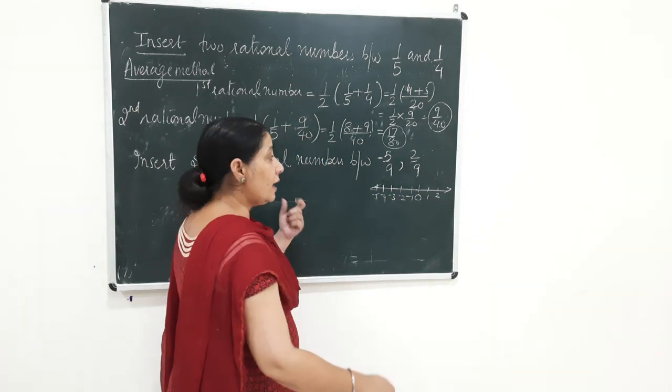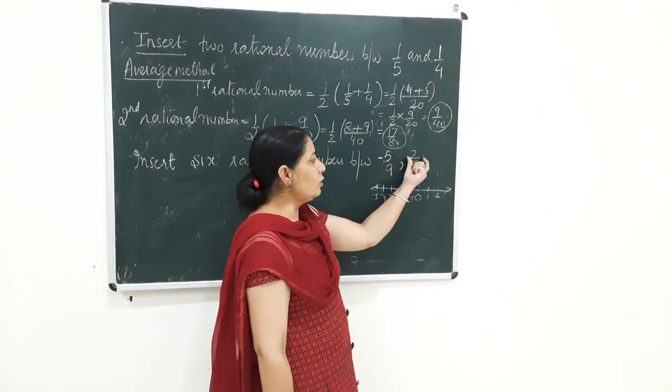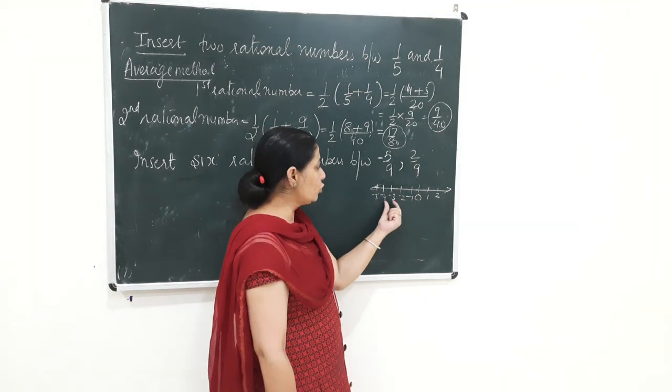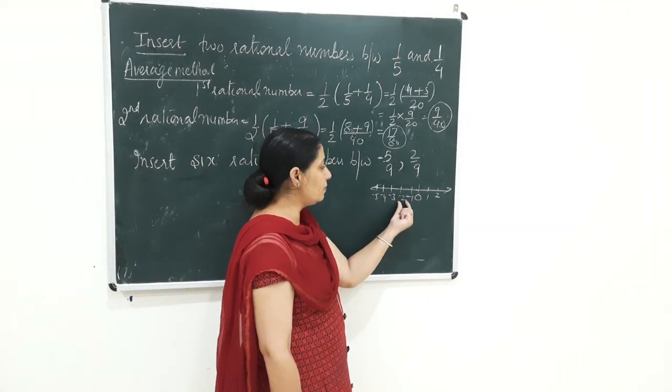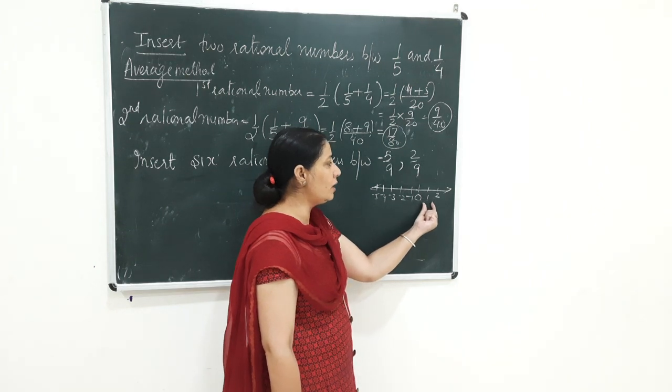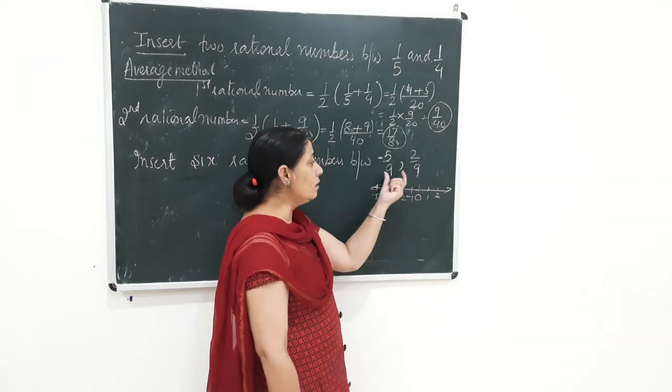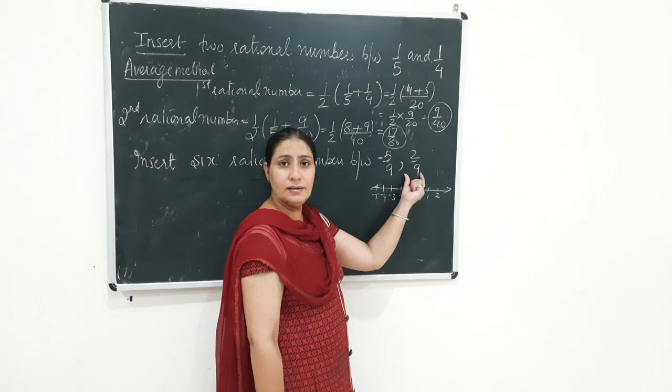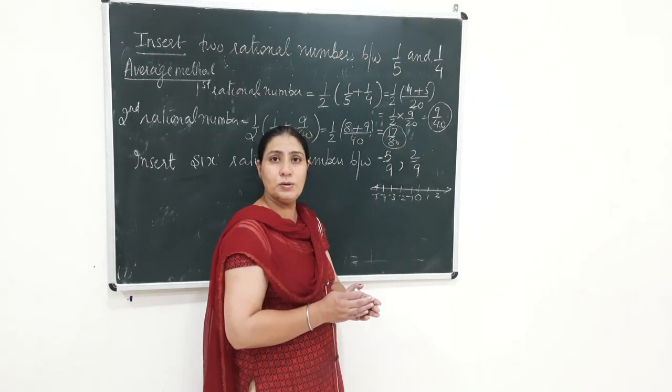Clear? That means -5 और 2 के बीच में we have so many numbers, -4, -3, -2, -1, 0, 1. ठीक है? और अगर हम इन सबके नीचे 9 लगा दें, so they will become rational numbers between given numbers.